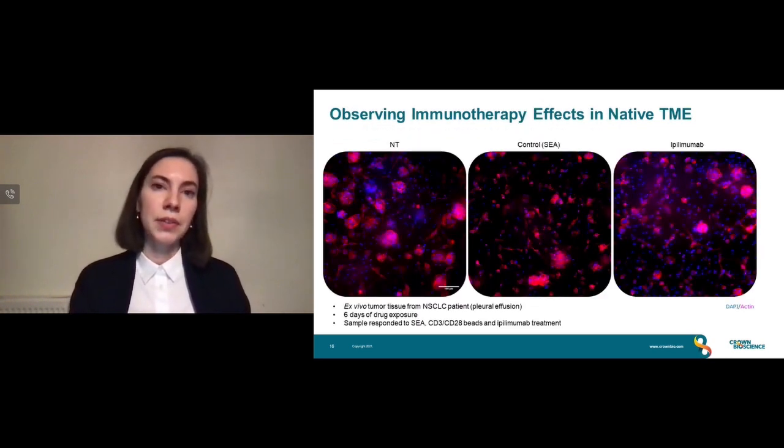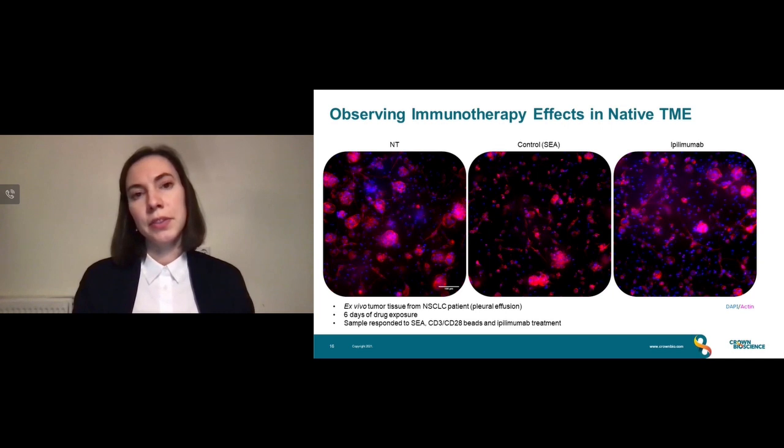When we look at the immunotherapy effects in the native tumor microenvironment, there is a typical phenotypic signature that we observe. On this example, it's ex vivo tumor tissue from non-small cell lung cancer patient, where in the non-treatment condition, we have a lot of healthy tumor clusters, as you can see here on the image on the left. And when we apply our immunostimulatory control, superantigen, that stimulates non-specific immune response, we see a decrease in the tumor clusters, in their size and in their numbers.